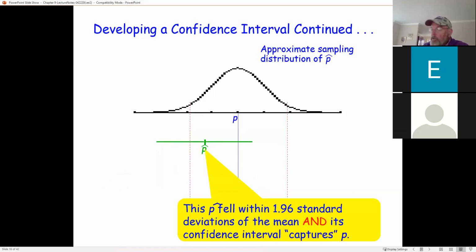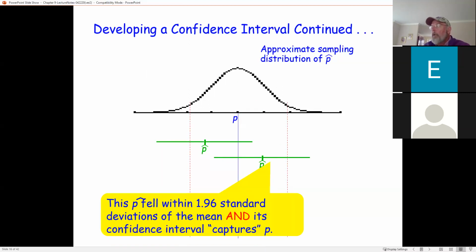Also understand that this interval captured the population proportion here. Okay, so we'll do another sample and drop in that p hat. Again, it's somewhere inside of these boundaries.